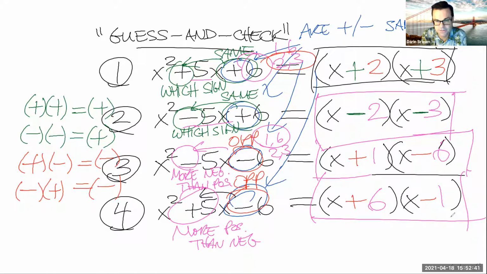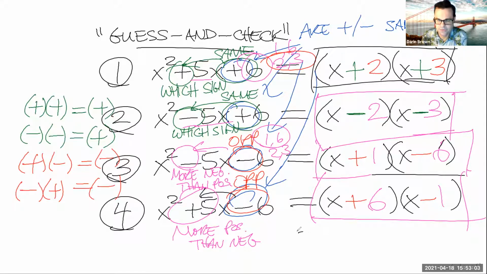Now here the number is pretty small. 6 only factors 2 ways. If the number factors a lot of different ways, say it was 36, how many different ways does 36 factor?